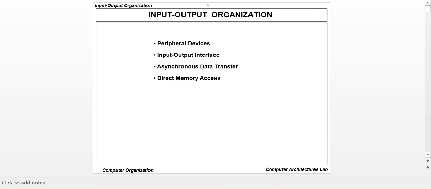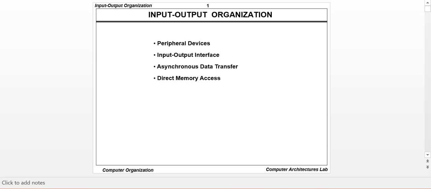Now, input-output is very important for a computer, because without any input from the user, without any interaction from the user, and without the system communicating back whatever it has processed, there is no point in having a computer system itself. Input from the user and output to the user is very important.